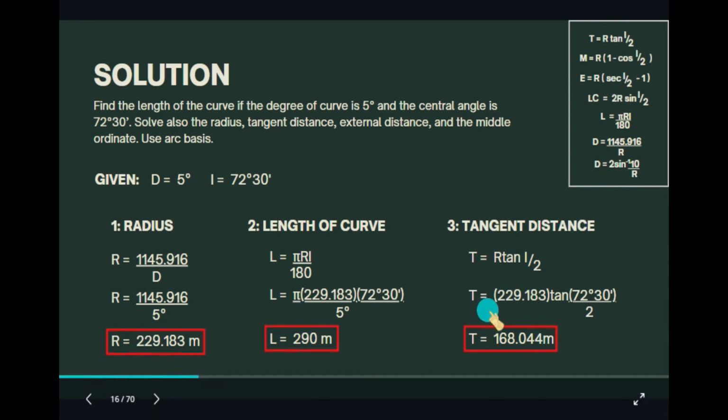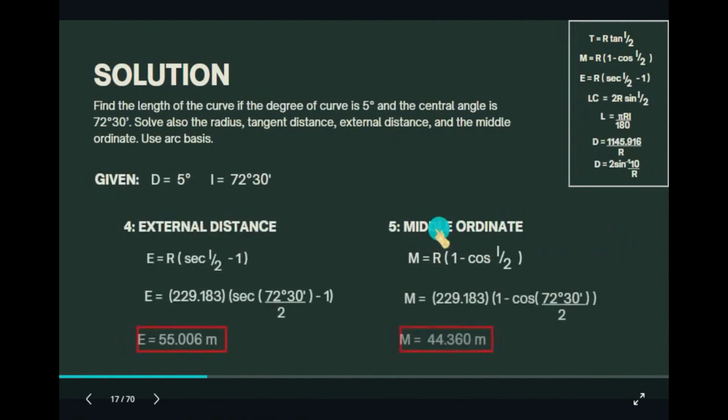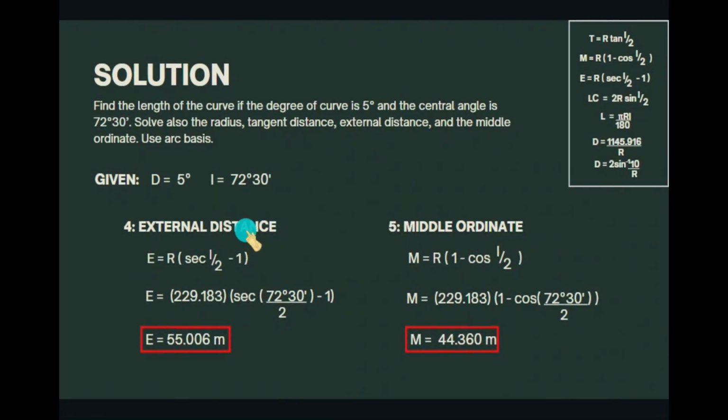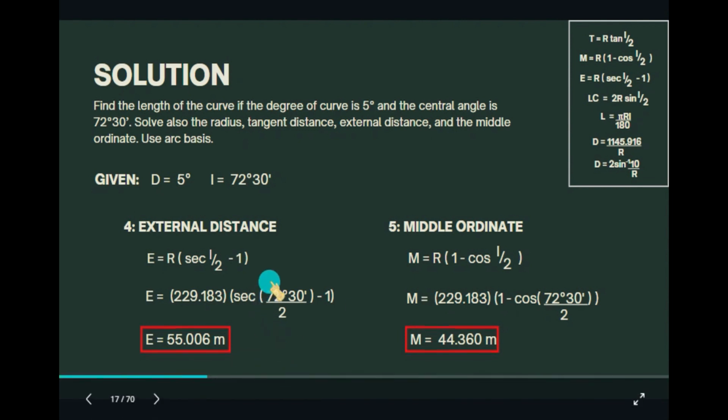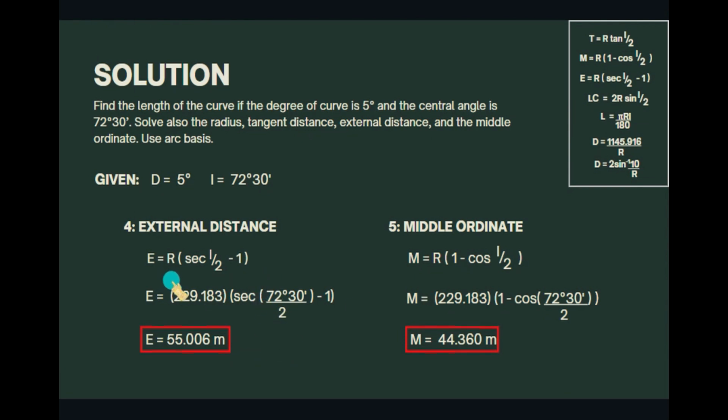So tangent equal to the radius, which is this one, and then tan 72 degrees 30 minutes over 2, and that would be 168.044 meters. Next is the external distance. So using the formula again above, we have the external distance equal to R(secant I/2 minus 1).